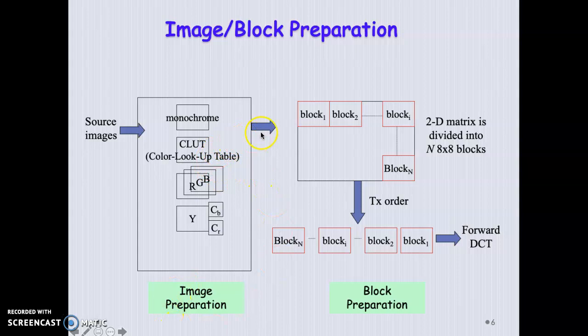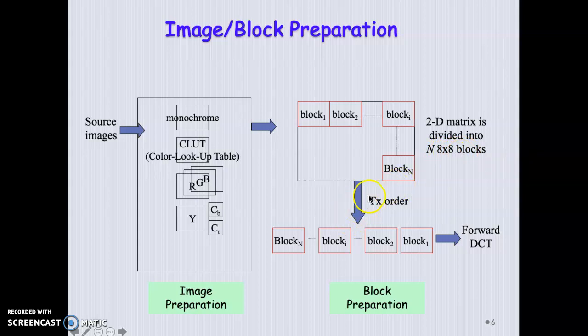Once you complete that, you will do the block preparation. Block preparation means you will divide your image into blocks. It will be a 2D matrix which is divided into n blocks, where each block is 8 times 8.